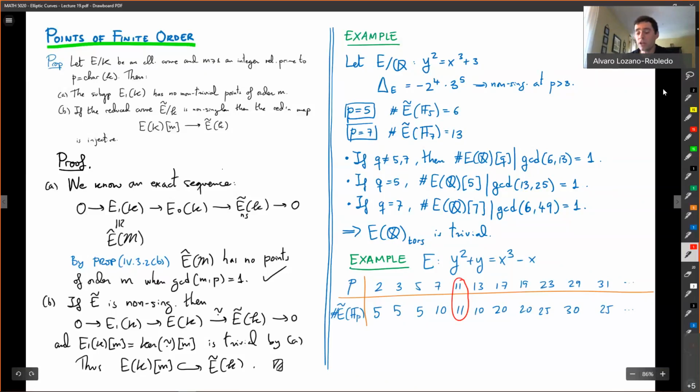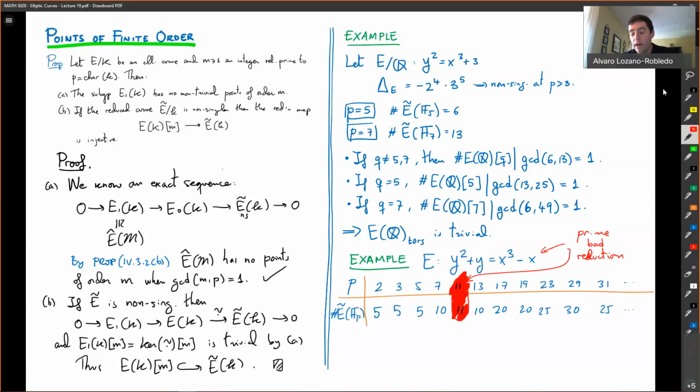But 11 is actually a bad prime. It's a prime of bad reduction. If you check, it is a prime of bad reduction for this curve. So I'm going to eliminate it. I'm not going to look at this column. If you remove that column, now every single number of points is a multiple of 5.